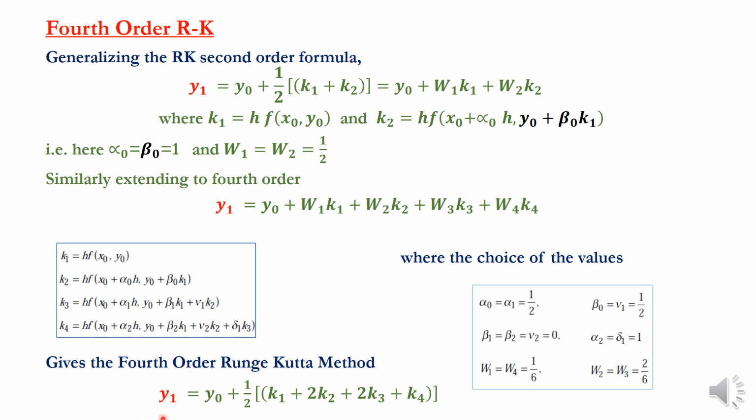That is y1 is equal to y0 plus 1 by 6 into k1 plus 2k2 plus 2k3 plus k4. So this is the fourth order Runge Kutta equation. In this generalized formula, putting these coefficients, we get this fourth order Runge Kutta formula.